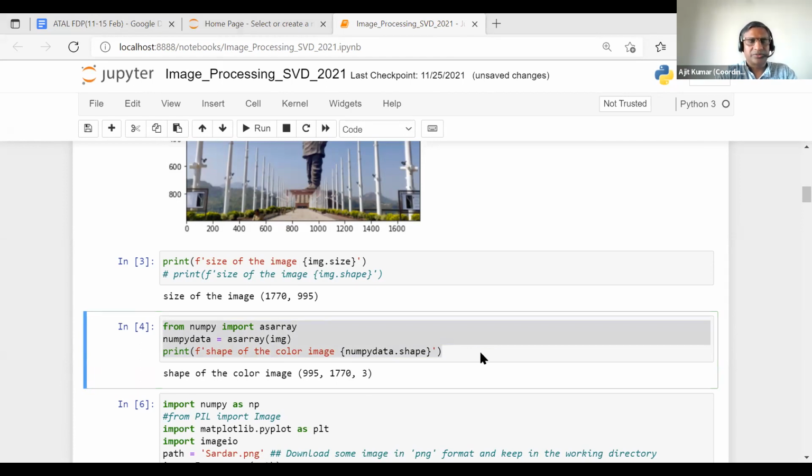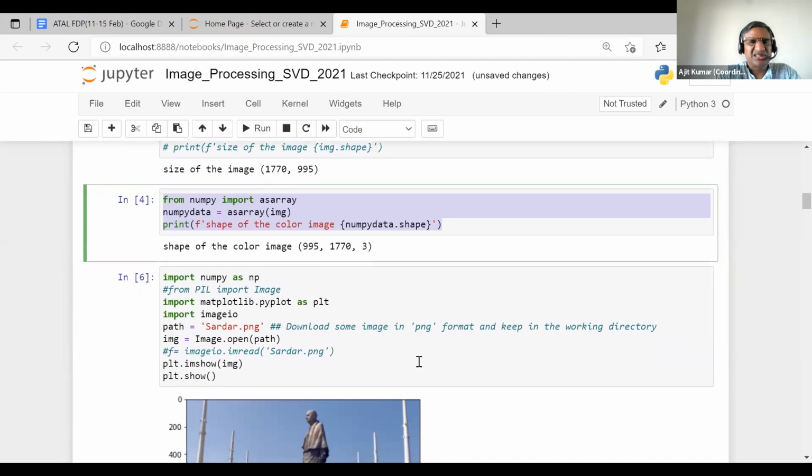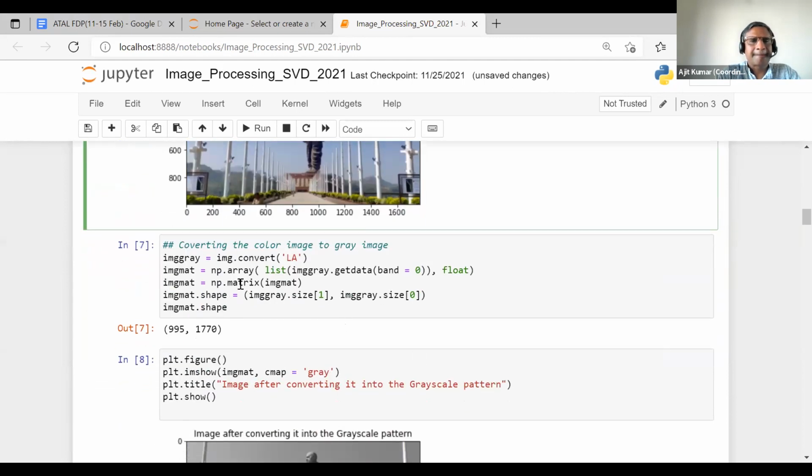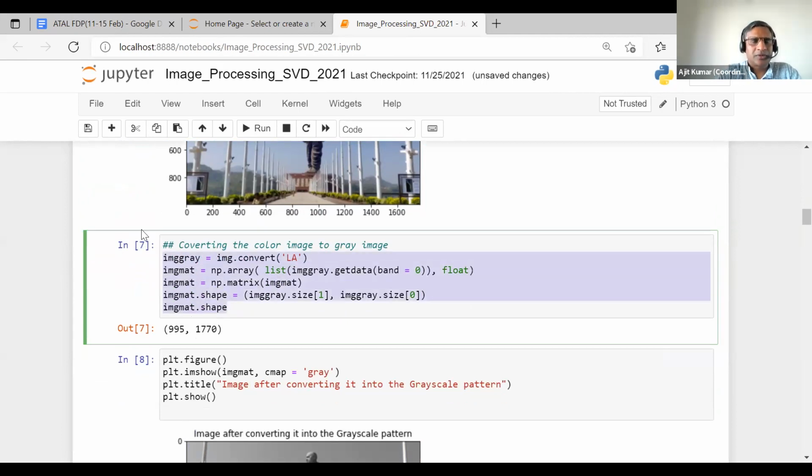I think something went wrong. Right, and next, this is the same thing. It is coming. Next we will convert this into what is called a grayscale image, because at present we have singular value decomposition only for 2-dimensional matrices.